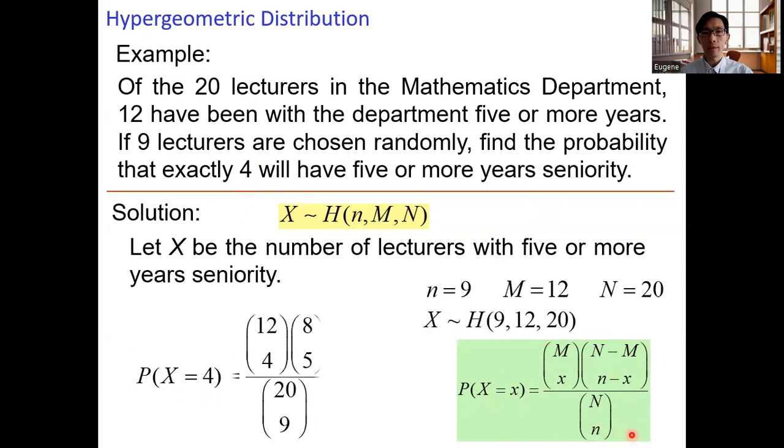So we have M is 12, X is 4, and then the population size 20, and the sample size is 9. So we get the expression 12C4 times 8C5 divided by 20C9. Upon calculation, we get the probability 0.165.